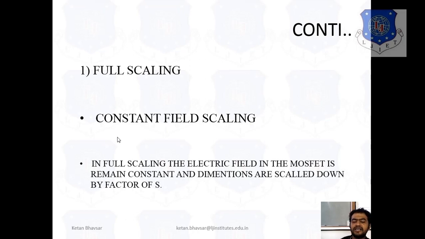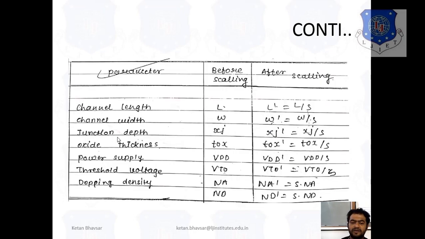In full scaling, the electric field in the MOSFET remains constant, and the dimensions are scaled down by the factor S. So make sure you keep this table in mind when we work on constant field scaling, or full scaling.